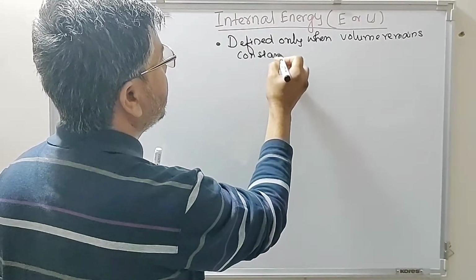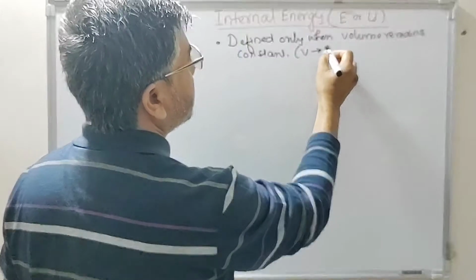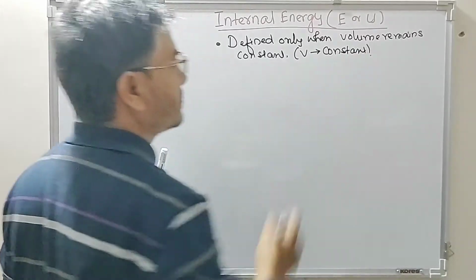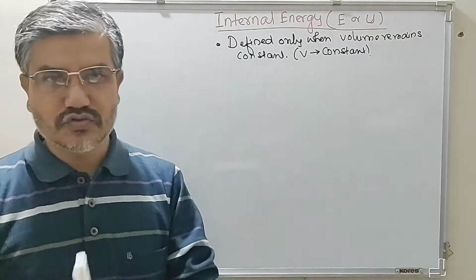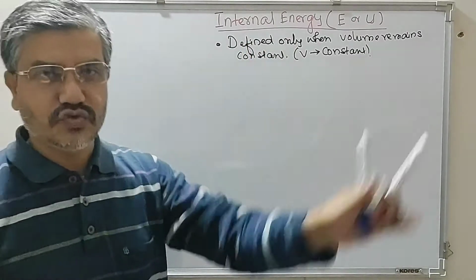So whenever we use this term internal energy, volume should remain constant. That means at constant volume we define this term. So first thing that you have to keep in mind is the energy that we define at constant volume is known as internal energy.